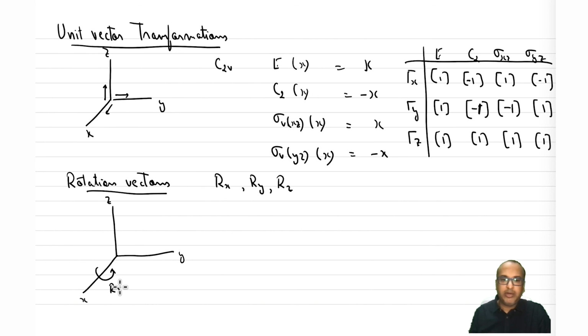Okay, so this rotation vector is called Rx. Similarly, this will be Ry, and for Rz, this will be Rz. Okay, so in all three cases I have drawn an anti-clockwise rotation vector when I'm looking from the positive side of the axis towards origin. Now if I carry out these operations onto these vectors, what kind of characters do I get?